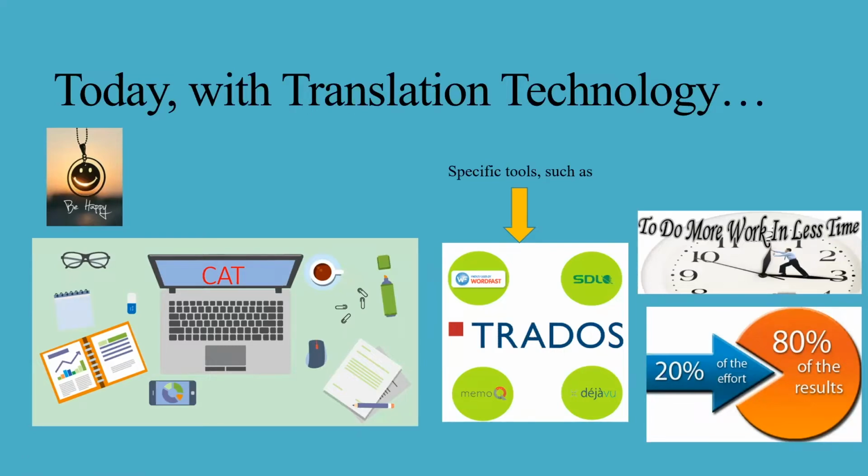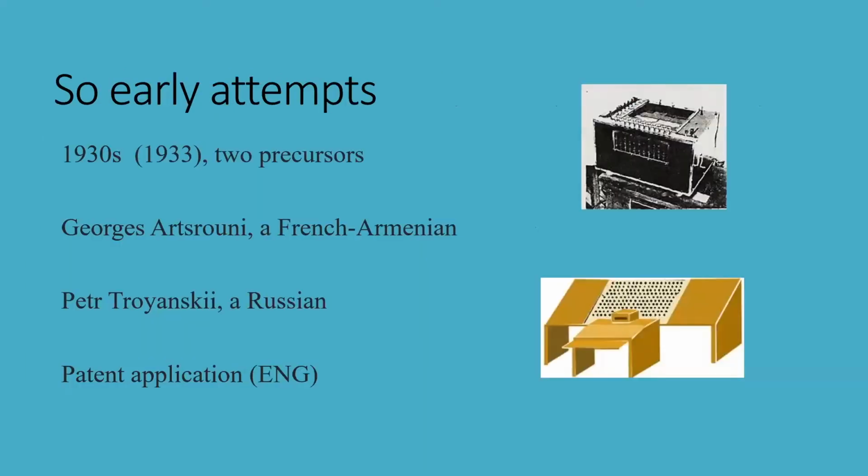So the working environment compared to previously is quite comfortable. With a CAT tool, a translator can do more in less time. Okay? 20% of the effort to get 80% of the results, the translator now working with the help of a computer tool can work quite efficiently.